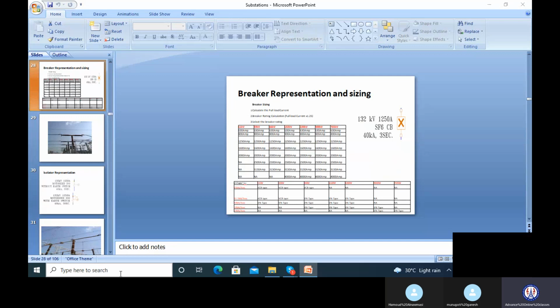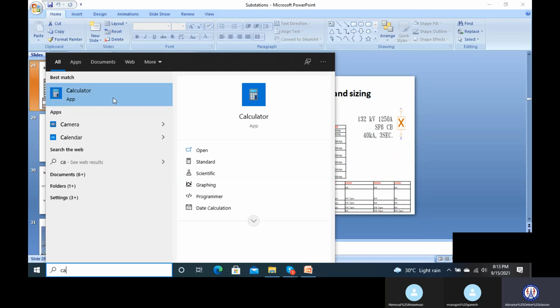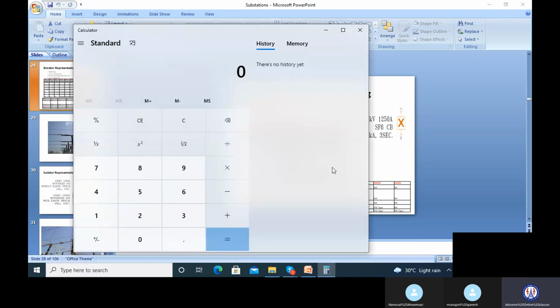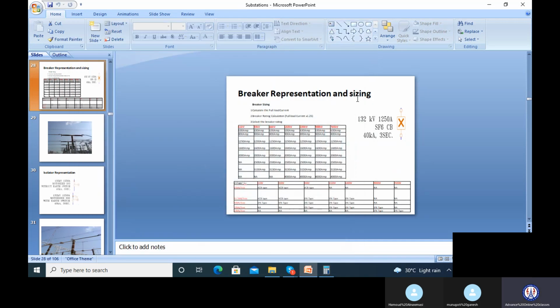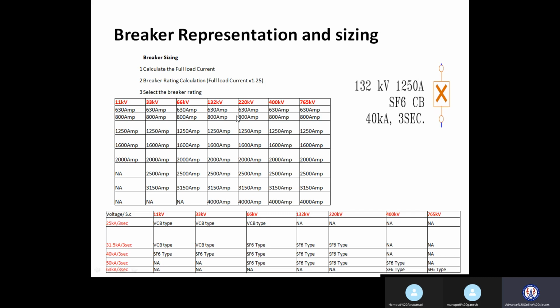First you convert it into kilowatt, so multiply by 1000, divided by 1.732, divided by the feeder voltage rating 132. So the full load current rating is 337.4 ampere. First we calculate the full load current, and this value comes to 337.4 ampere.